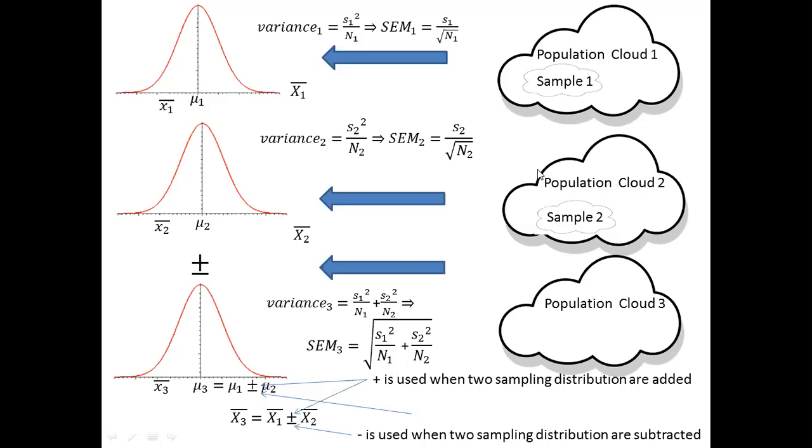But if we are subtracting the two sampling distributions of the means, then the central value of this third sampling distribution of mean would be the mean of the third population, which is given by mu1 minus mu2. Okay, and there could be any random sample x3 bar over here, or there could be any other sample over here.